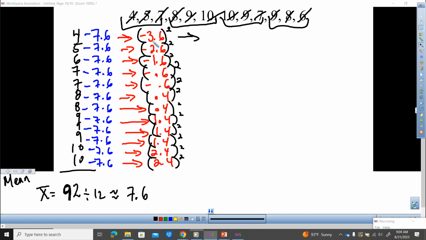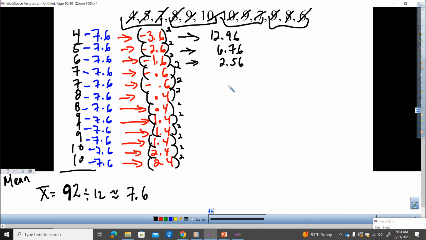Negative times a negative is a positive, so this would be 12 point what? 12.96, write that in there. Negative 2.6 squared. Sean, what'd you get? 6.76, write that in there. Negative 1.6 squared, what'd you get for that? All right, 2.56.